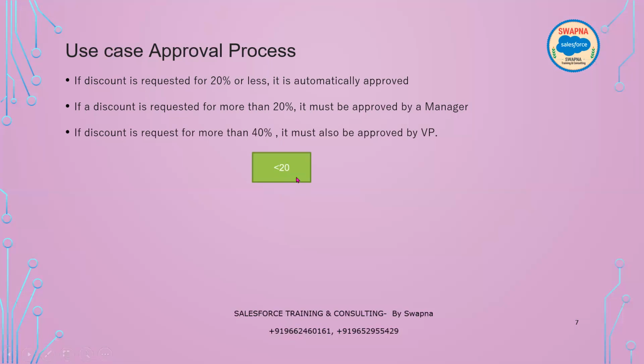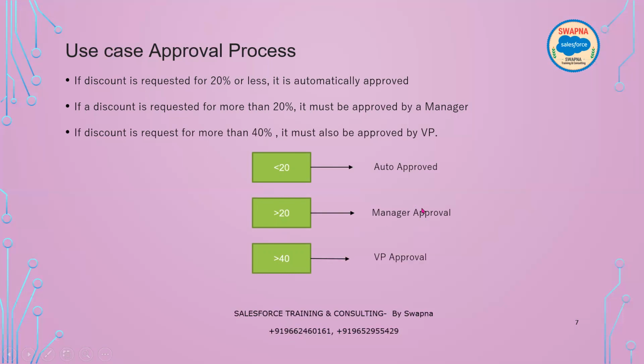Similarly: less than 20%, auto approved; greater than 20%, approved by the manager; greater than 40%, approved by the manager as well as the VP. Both of them have to be done. Clear on the use case?